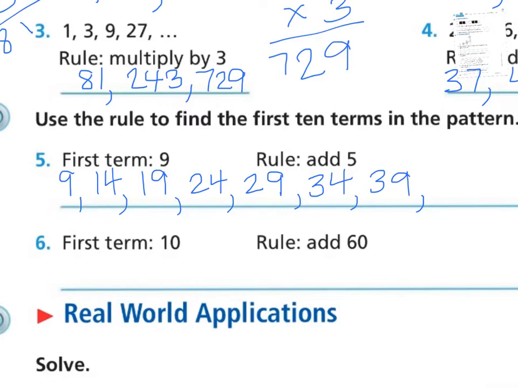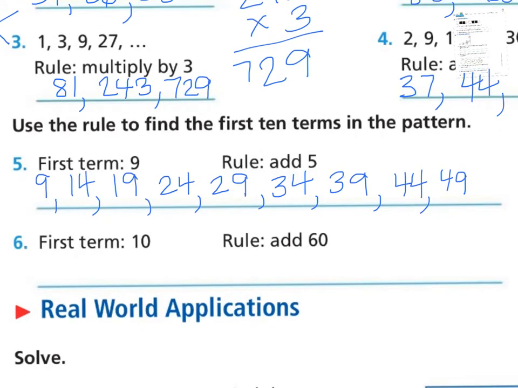Add 5 more, 44. Add 5 more, 49. Starting to see that pattern there? Okay, and we have to add 5 more because there's not 10 yet.